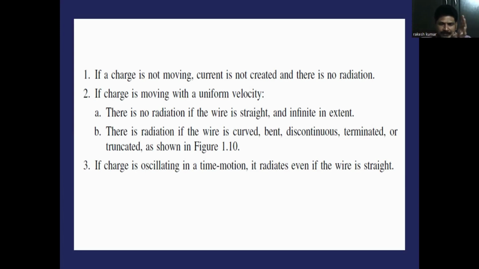The first one is not to radiate: if there is no current or if there is no accelerating or decelerating charge carrier, there is no radiation. When the current comes into the picture, if the wire is curved or bent or discontinuous or terminated, there is a chance for radiation. If the structures are like that, then there is a source of radiation. And the other one, if the charge is oscillating in time motion, it radiates.